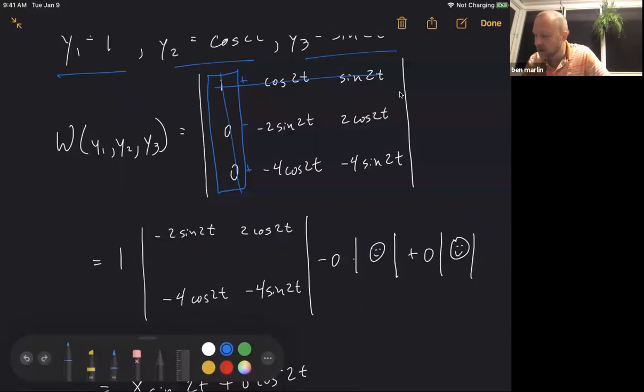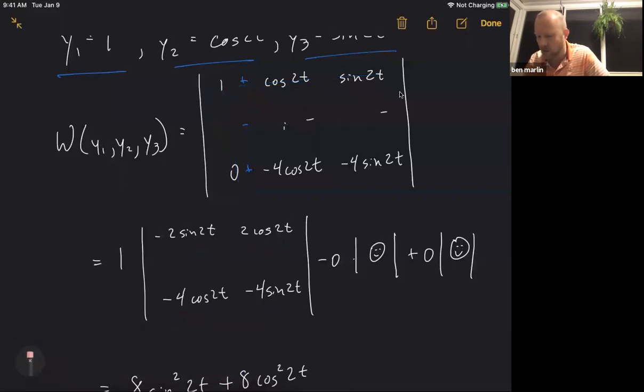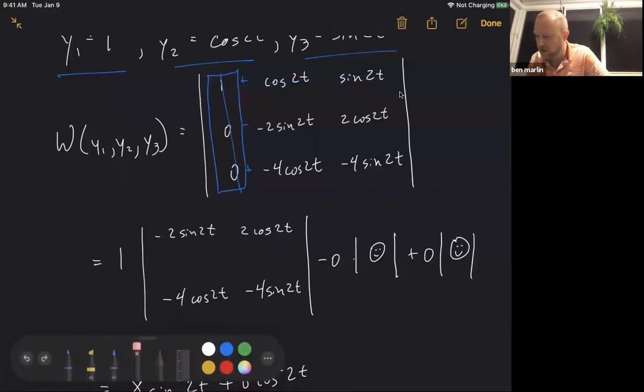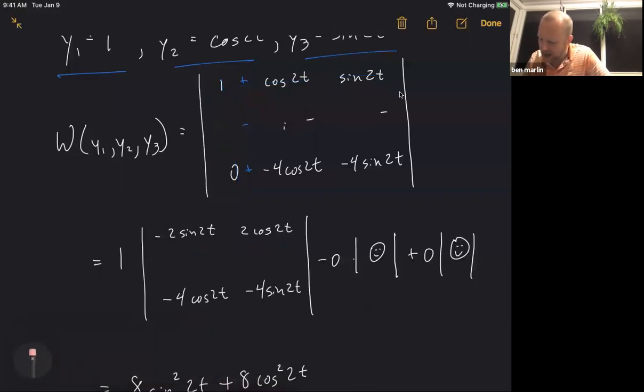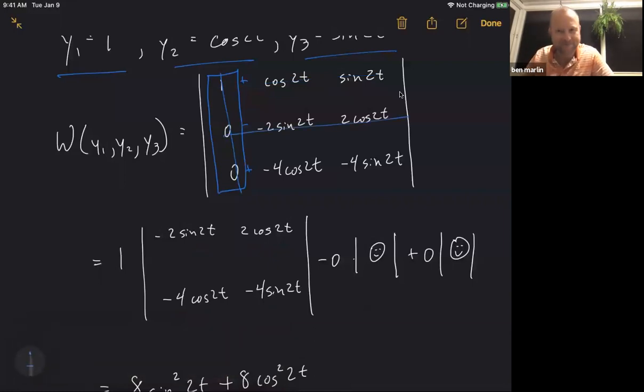Now, for the 0, we could certainly go ahead and cross out the row and column that it's in. But we're going to multiply it by 0.